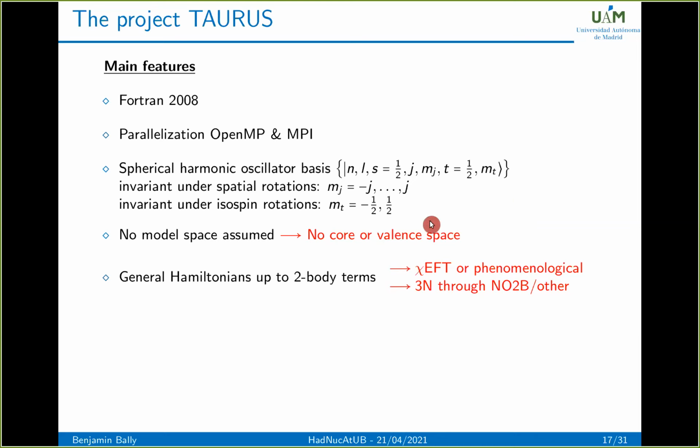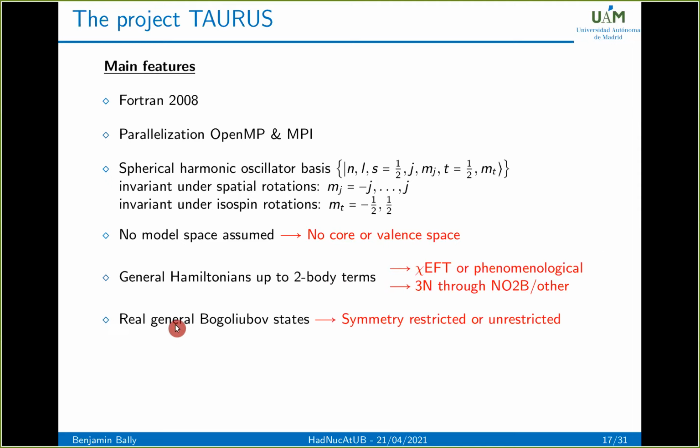Actually, the code is built in such a way that it can read natively interactions in the Antoine format of the famous shell model code Antoine. The 3-body can be included, but only through a normal-ordered 2-body approximation or something similar, such as the paper I mentioned before.